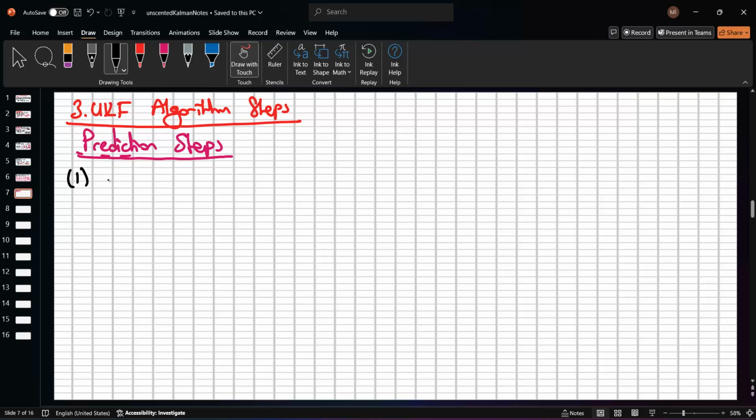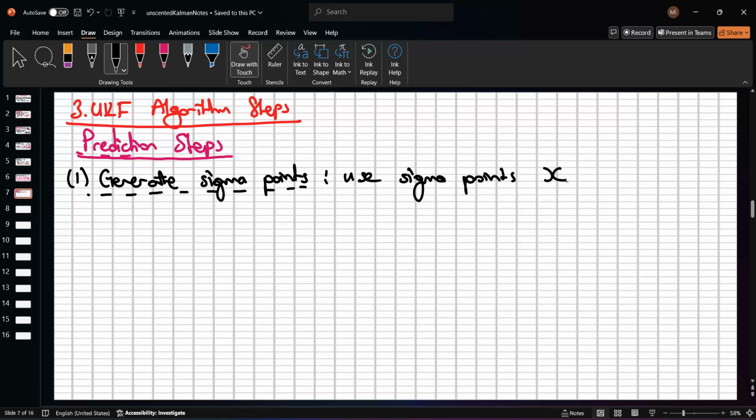First of all, we need to generate sigma points. And so, how can we do that? We use sigma points chi k minus 1, the previous value with the i, from previous time steps.